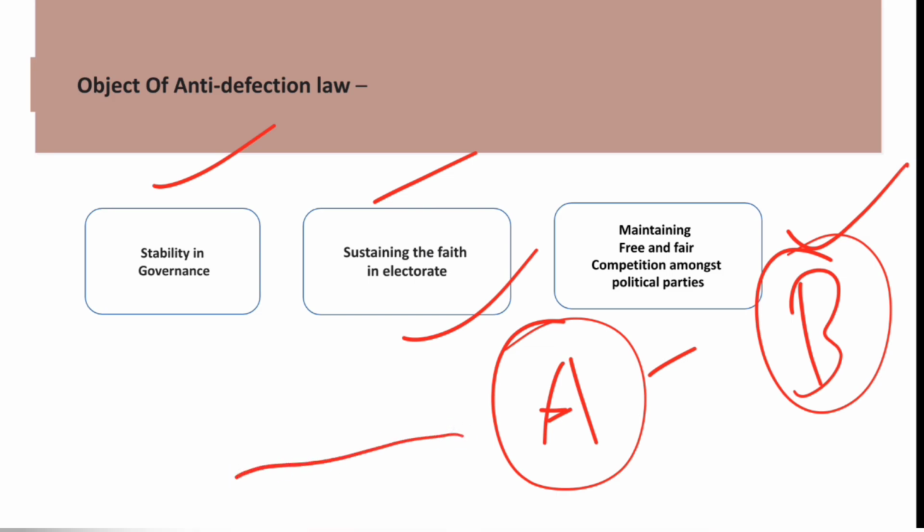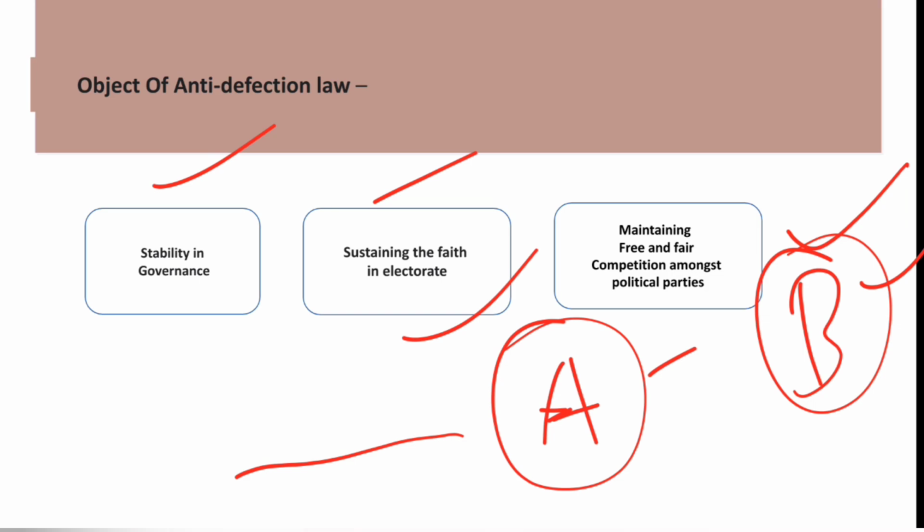Ultimately the people of India voted for A party, but some of the members defected and joined B party. What the people of India wanted was that party A must be in power, as it has worked properly and has proved itself to be the party working in the favor of people, for the benefit of people in their growth.